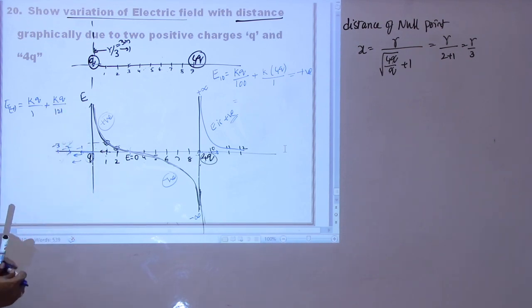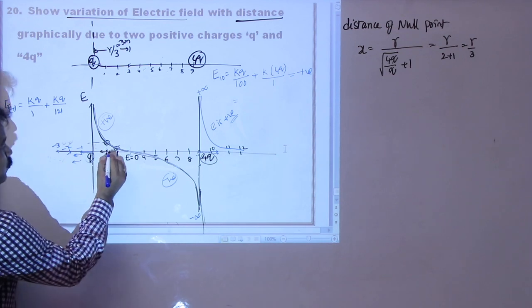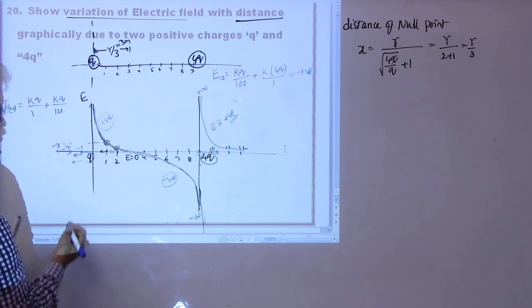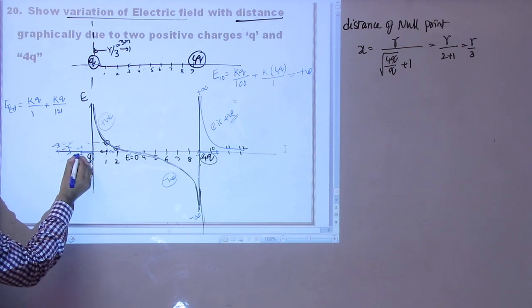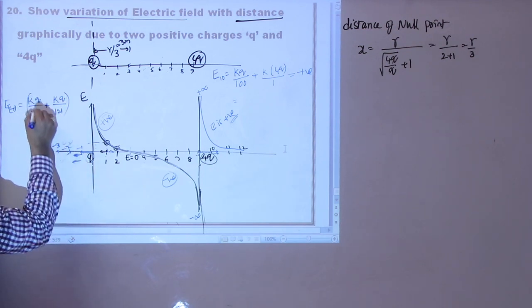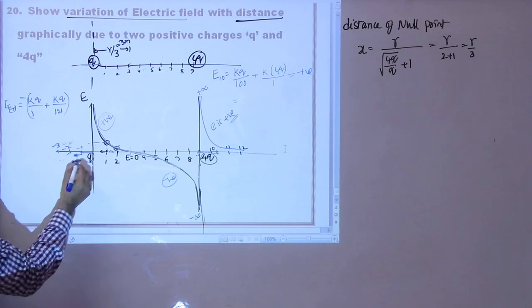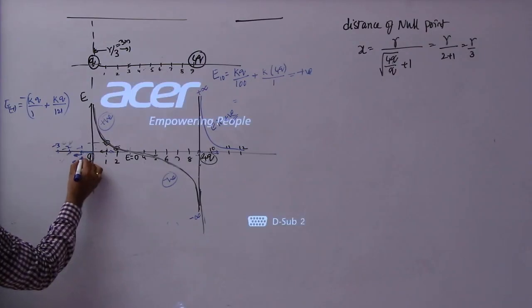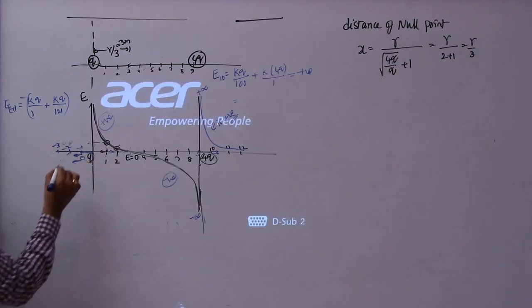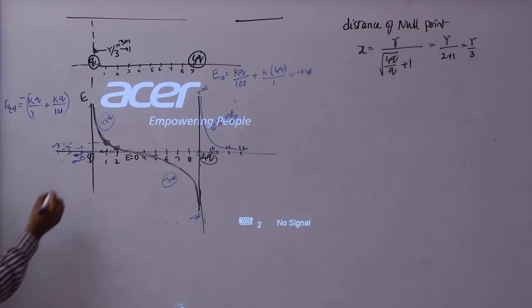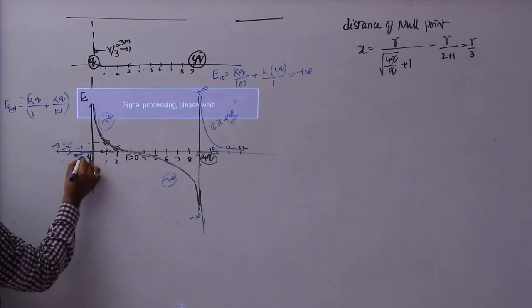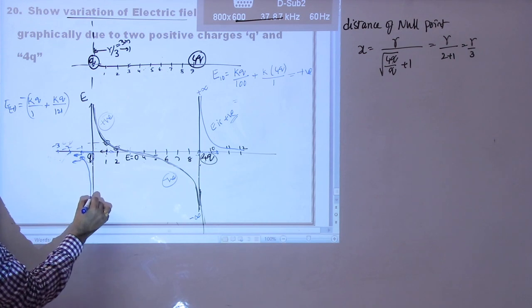But when compared to this value, at this point the field is along the positive x-axis, but here the field is along the negative x-axis. That's why this direction should be taken as negative. So here this is negative.